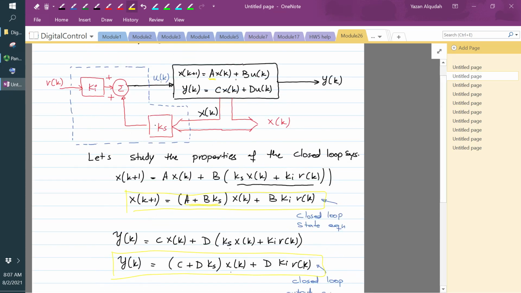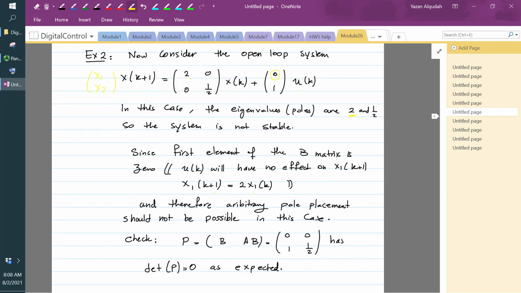So what this tells me is u of k will have no impact on the state x1. And that tells me, since x1 is not dependent on u of k, I should not be able to use the pole placement method, because again, the state is not dependent on the input. I can change the value of the input, but if that state inside the system is not dependent on that input, then I'm not going to be able to control it.